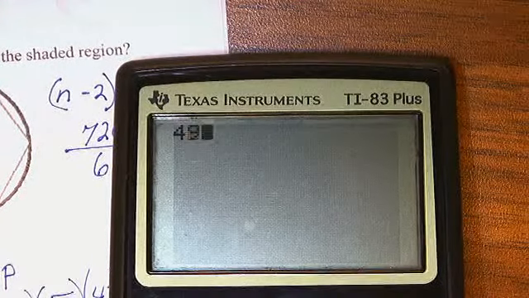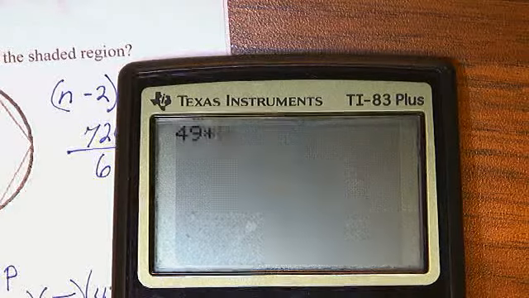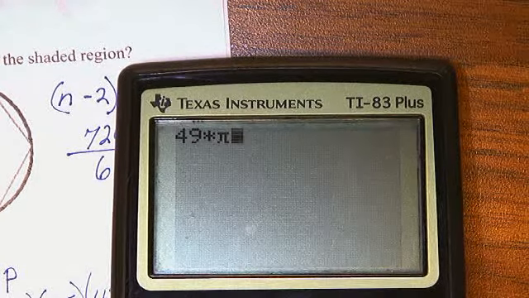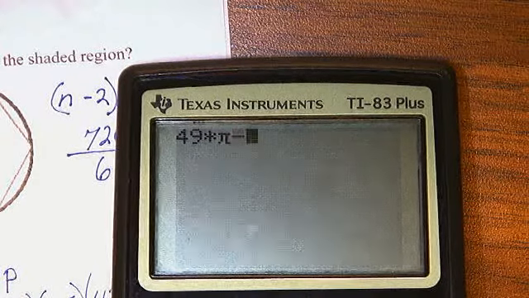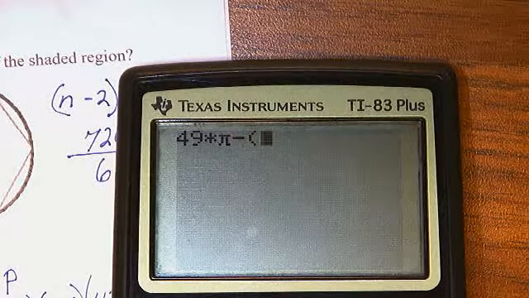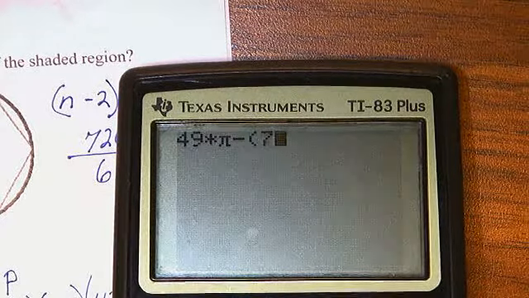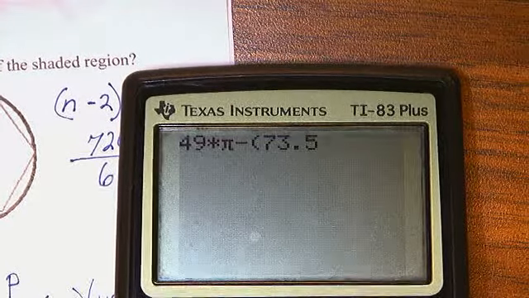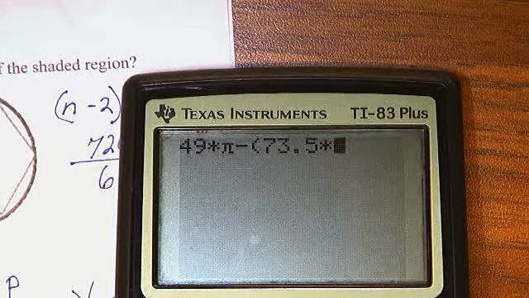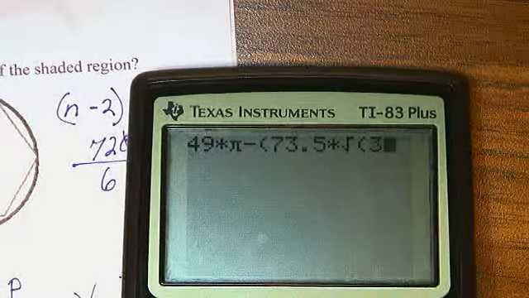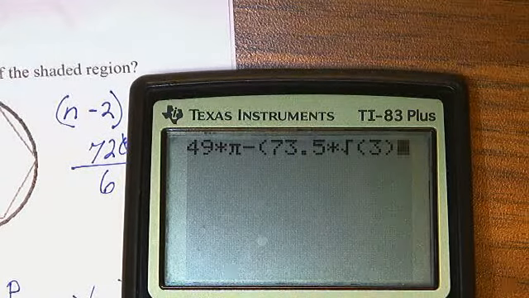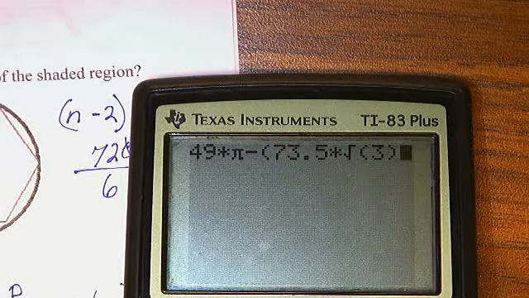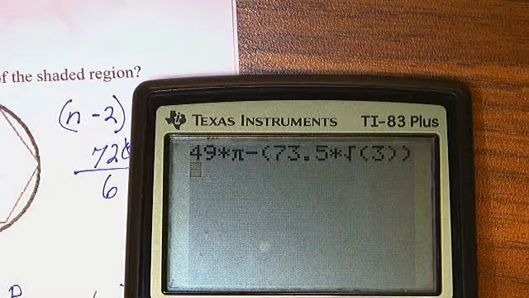49 times pi minus the quantity 73.5 multiplied times the square root of 3, close parentheses.